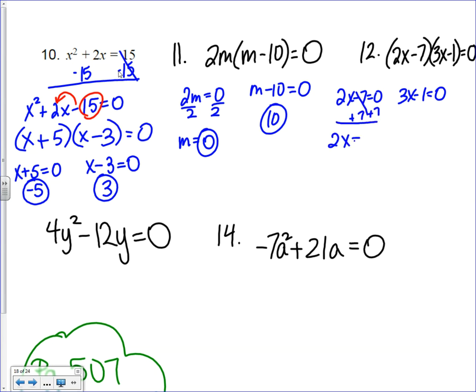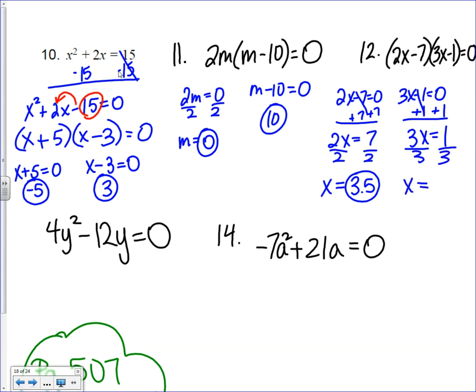So now I have 2x equals 7. 7 divided by 2. 3.5, you also could say 3.5. To be honest, you could have left it as 7 over 2 if you wanted. Okay? How do you solve the second one? And then, what is 1 divided by 3? It's either 1/3 or 0.3 repeating. You're thinking of 3 divided by 1, Tyler.